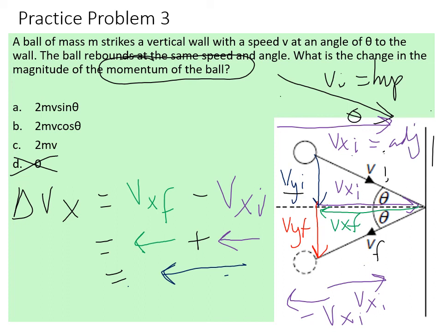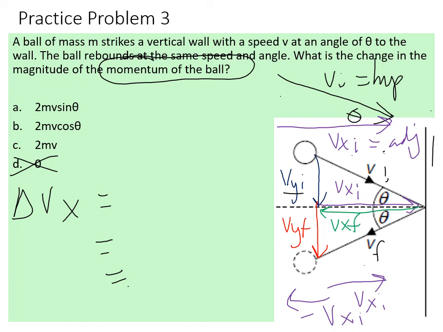It touches the angle. So I have an adjacent and a hypotenuse. If I state the mnemonic device, SOH CAH TOA, CAH, that's cosine theta equals adjacent over hypotenuse. So my Vx initial is equal to V initial times cosine theta.